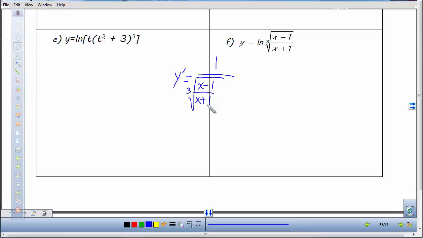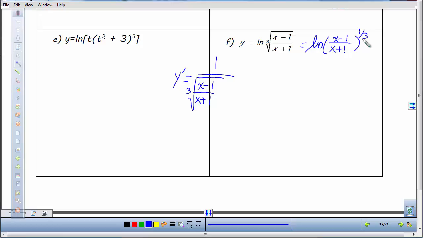Okay, so I started out by doing 1 over my function, but I need to know that this is the natural log of, let's write it this way, x minus 1 over x plus 1 to the 1/3.